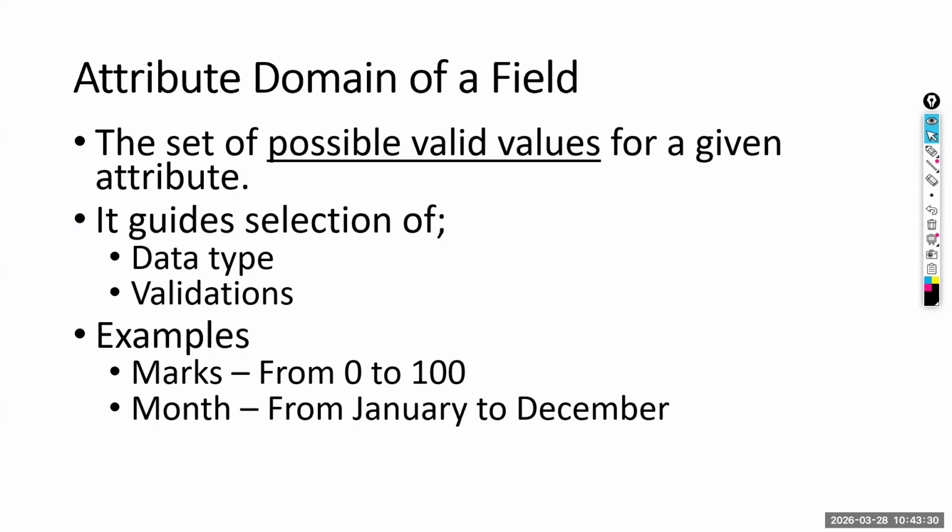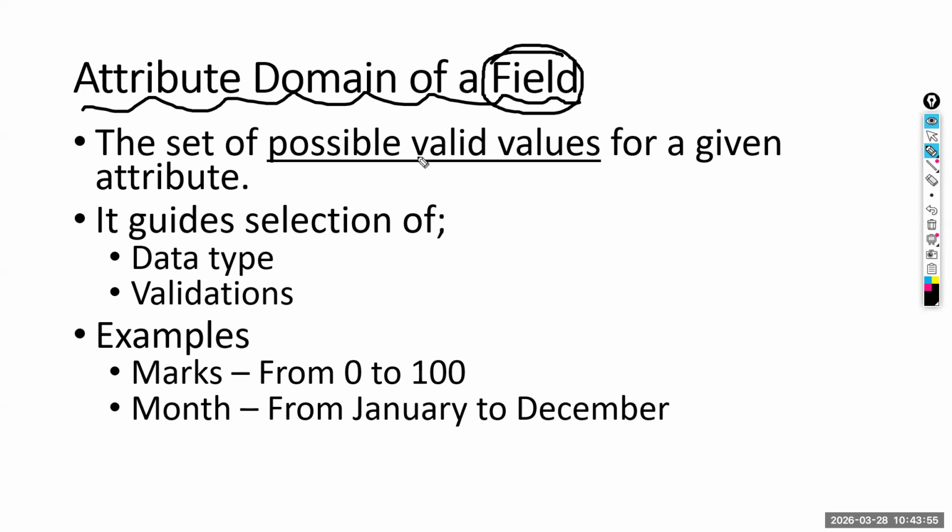Then we will use a few more standard terms in relational database design. One concept is the attribute domain of a field. The attribute domain of a field is all possible values for that particular field.